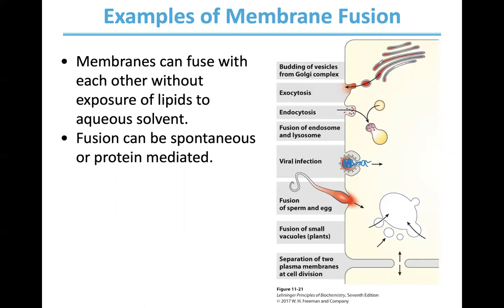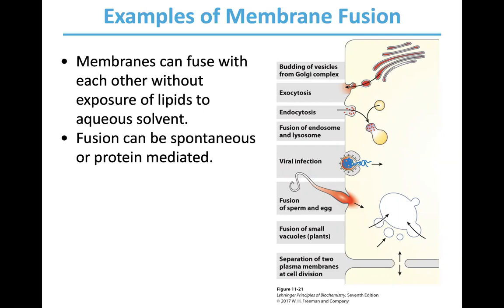So you can see here some examples. So vesicles from the Golgi complex. You know the Golgi is responsible for post-translational covalent modification of various proteins, for example. And you can see that these proteins then will be packaged into vesicles, and this will be a secretory granule, right?